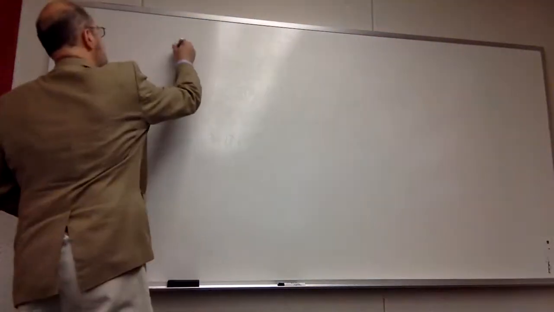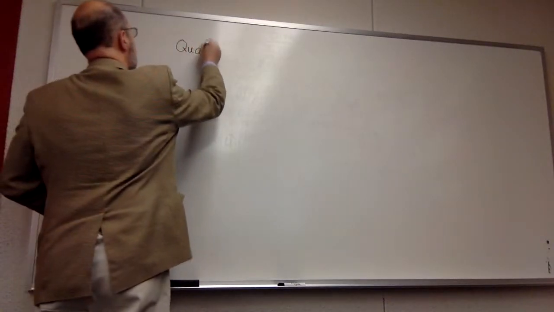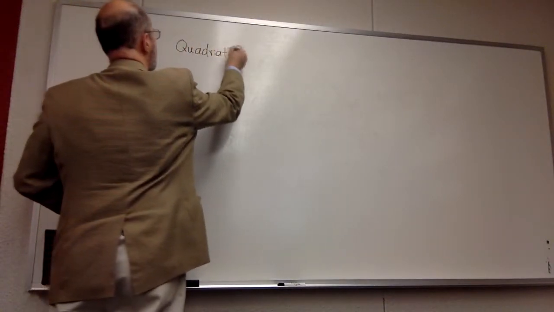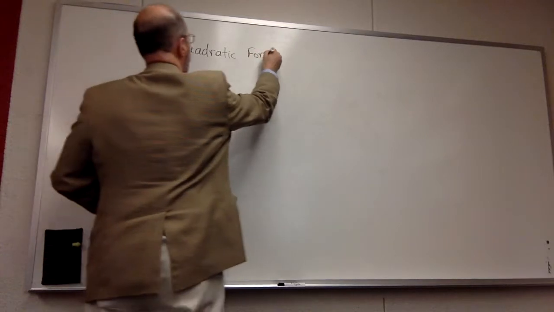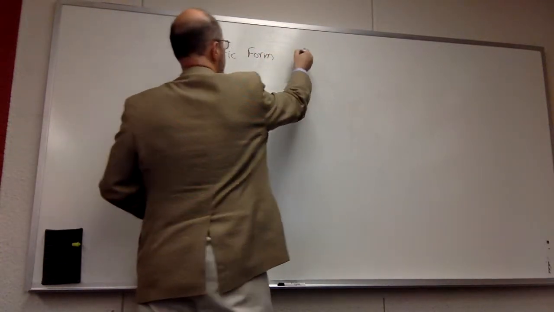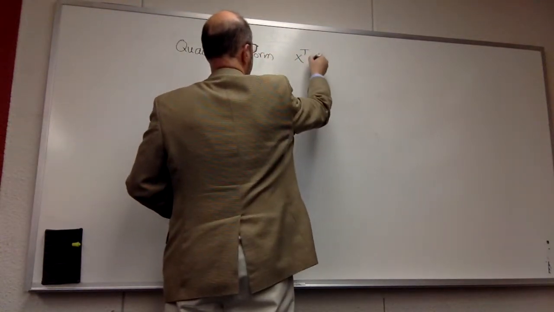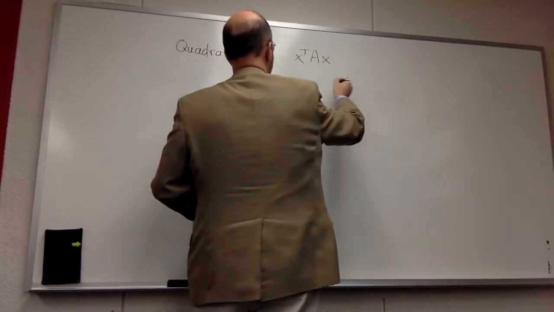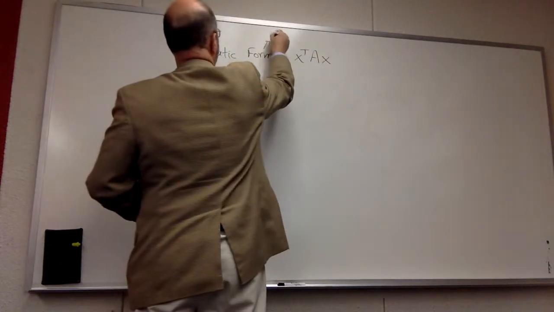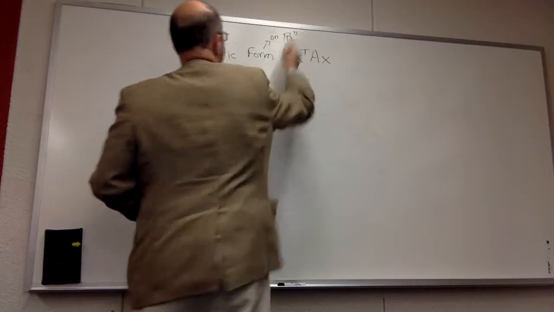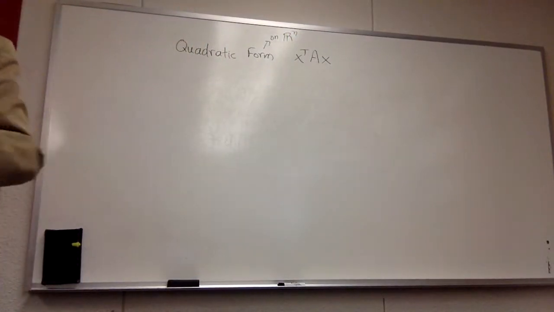So, let me remind you that the quadratic form can be written as x transpose AX on Rn. So if I have a space Rn, I can write a quadratic form on it.